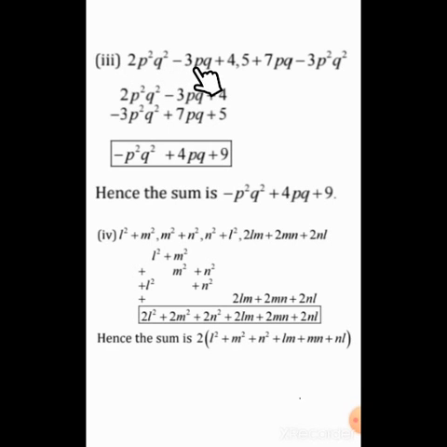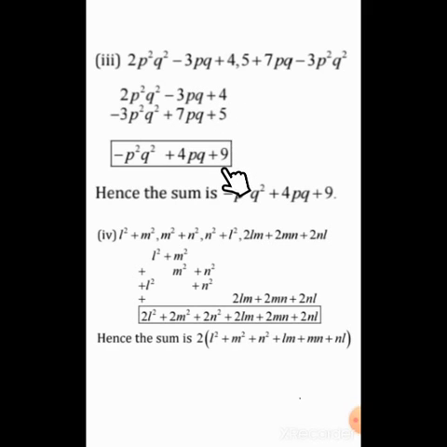2p square q square minus 3pq plus 4, and the second expression is 5 plus 7pq minus 3p square q square. We have to start with the highest power. It means we put the first power, then the terms without power and without variable. So 2p square q square minus 3pq plus 4. 5 is a constant, so below the constant we put 5. 7pq we put in the pq column, and minus 3p square q square we put in the p square q square column.